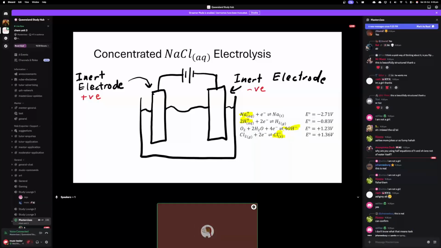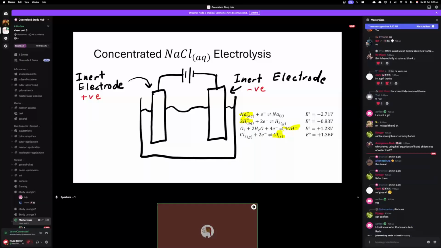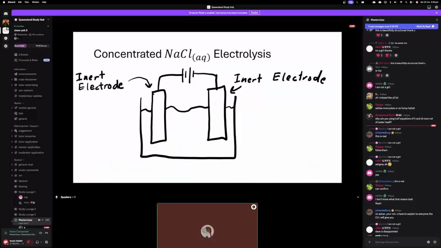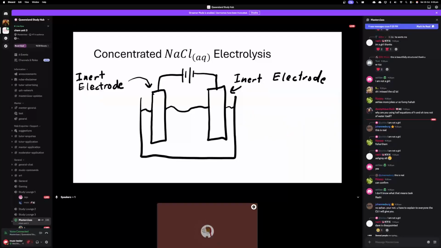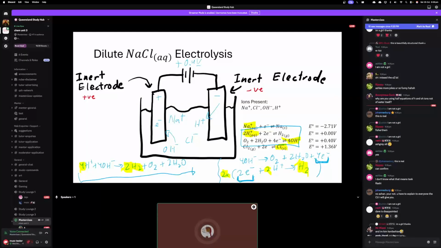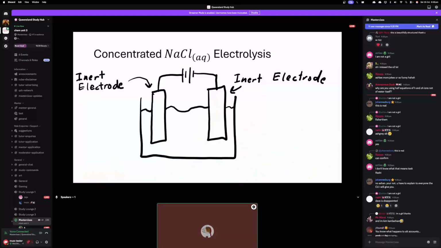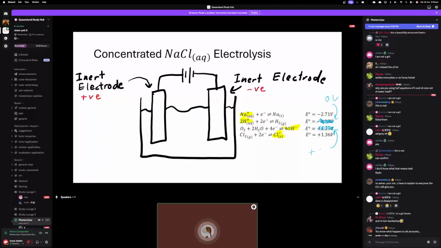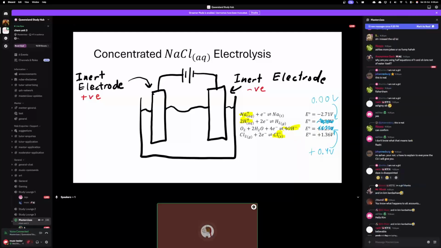But something different happens here. Oh, wait. Some of these numbers are wrong. Sorry. This should say 0 volts. And this should say plus 0.4 volts. Sorry, guys. Wrong numbers. My bad.